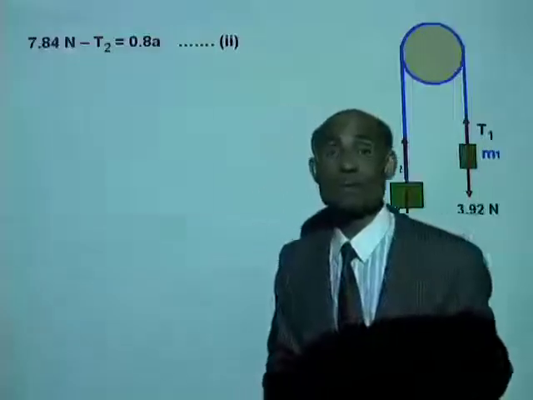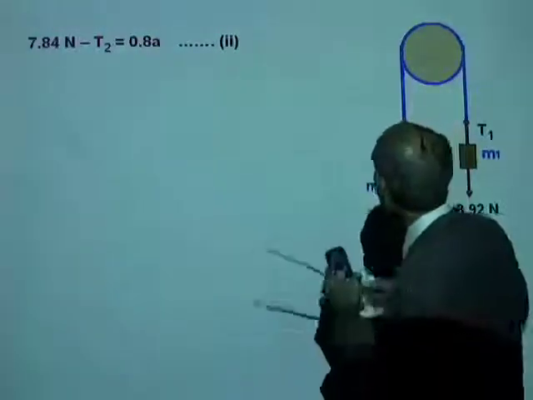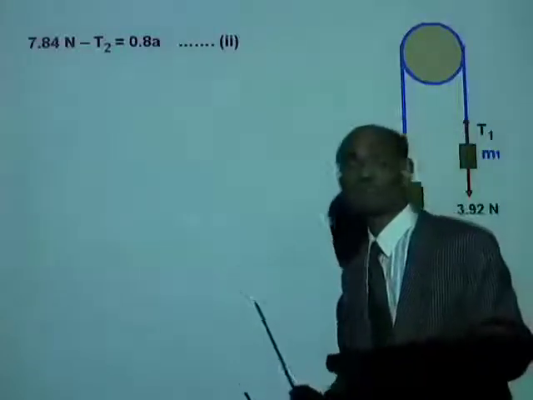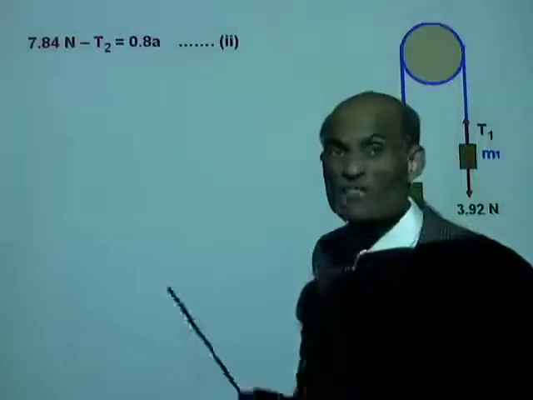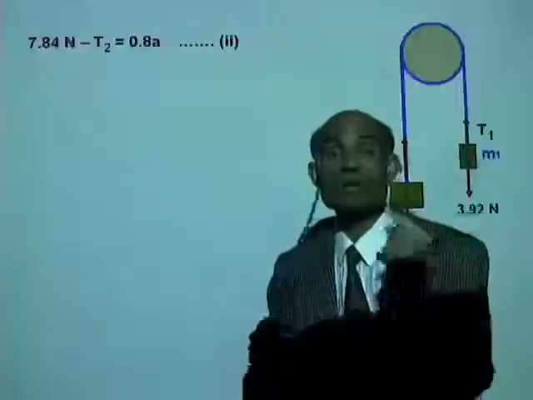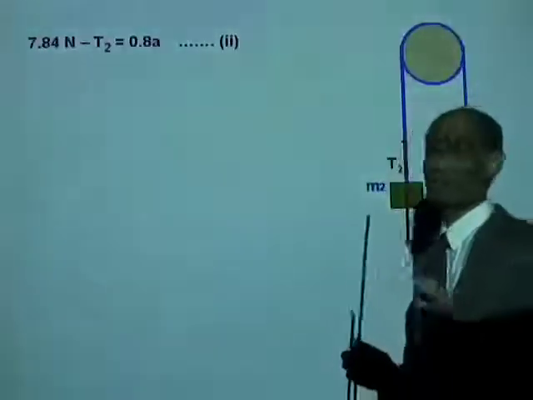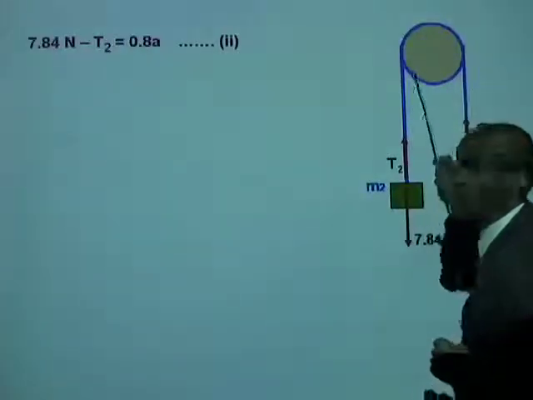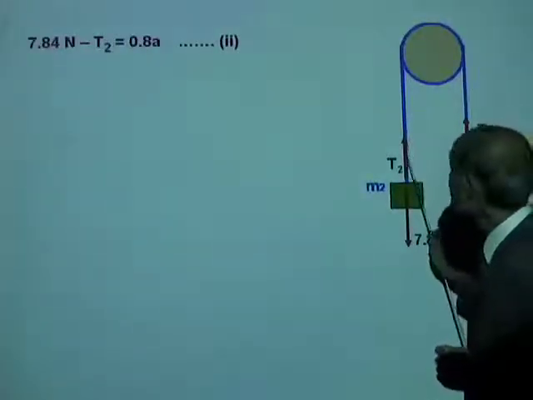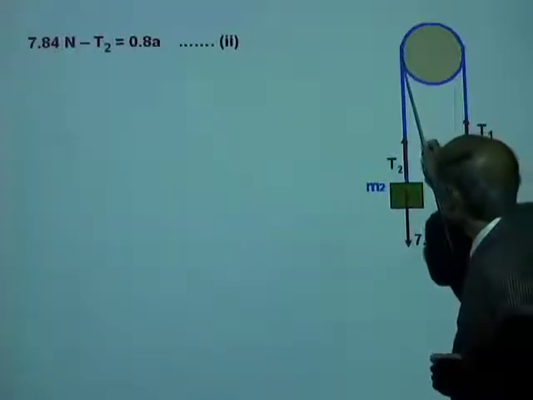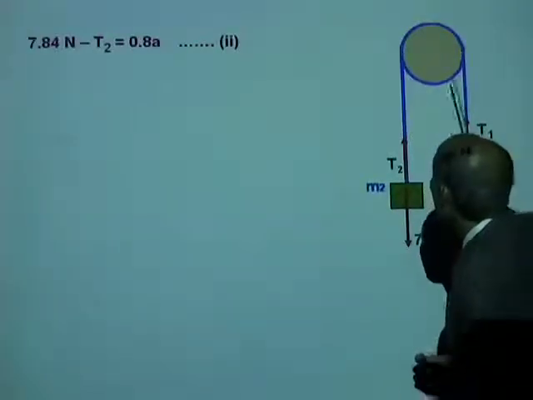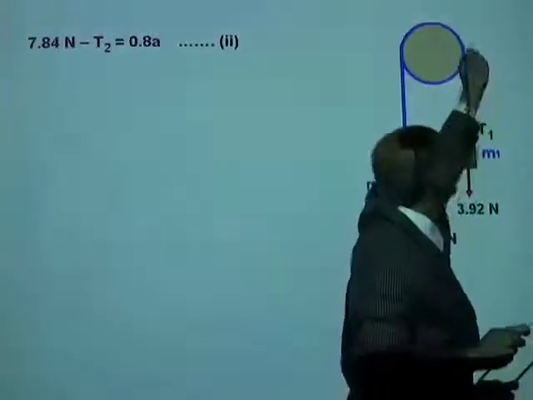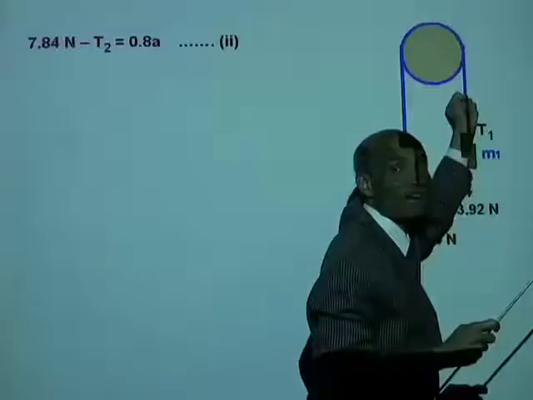Where is the third equation going to come from? It's going to come from the rotation of the pulley. Alright, can you tell me, what is the net torque that rotates the pulley? The net torque. When you consider the rotation of the pulley, you must understand that T2 will be pulling the pulley down on this side, and T1 will be pulling it down on the other side.